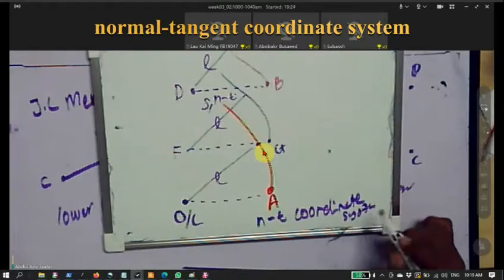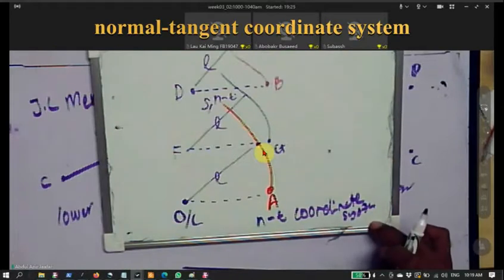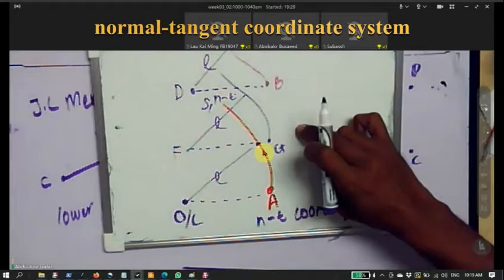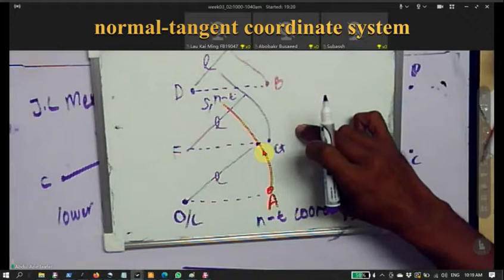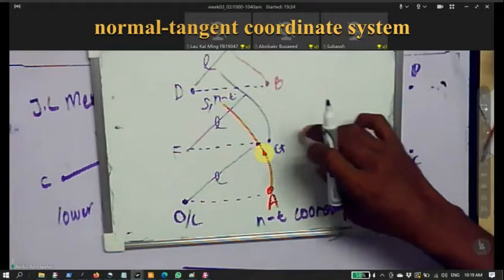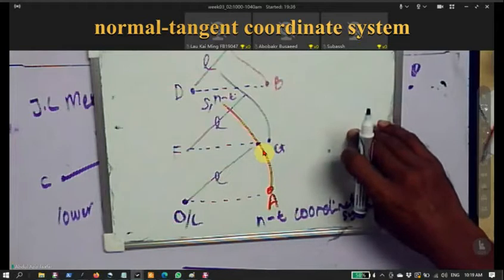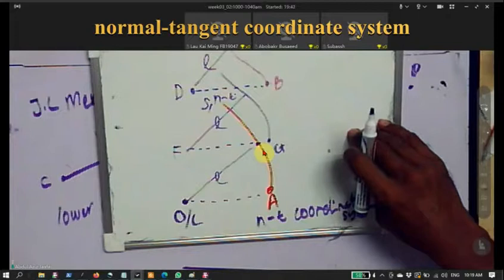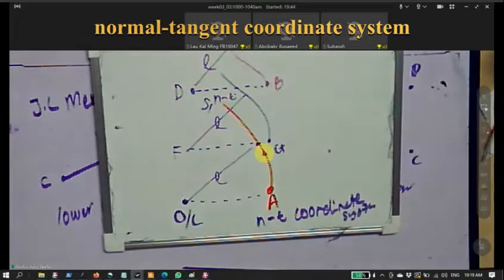We have to attach the coordinate system to the body for velocity and acceleration. And we can place the inertial frame of reference at any location that you like.